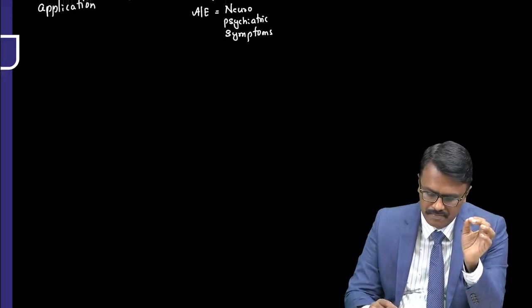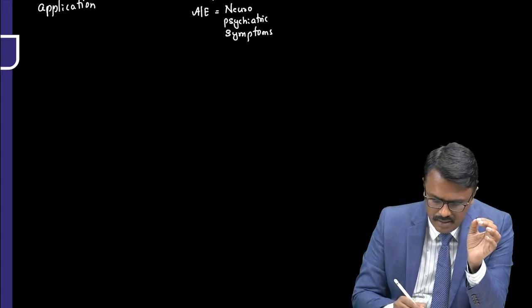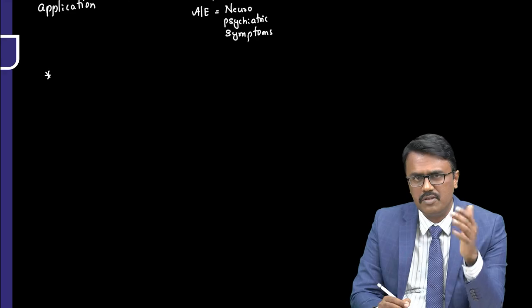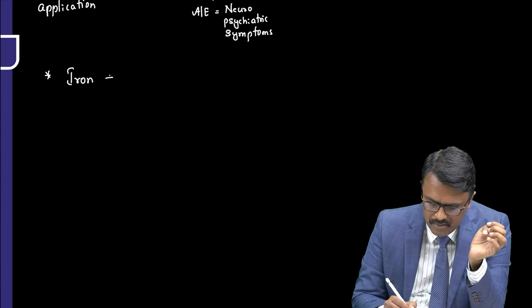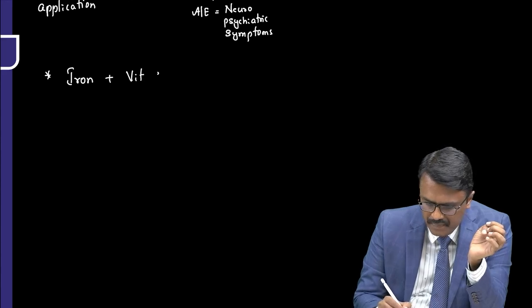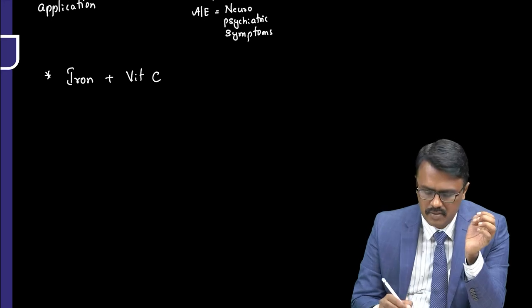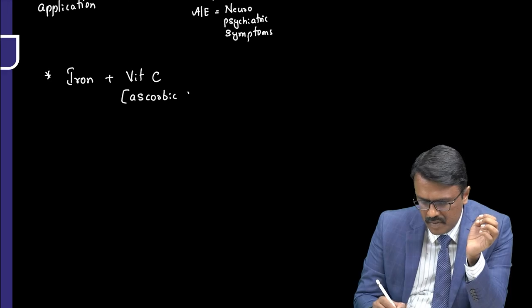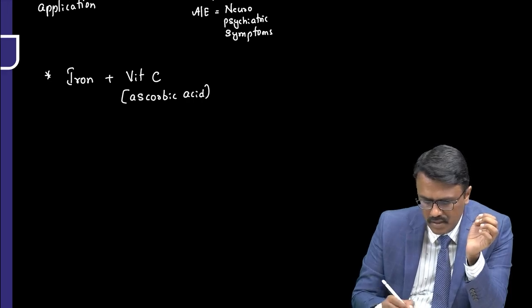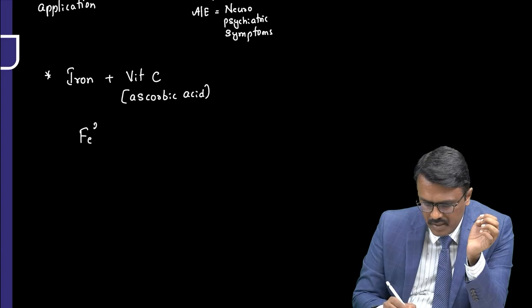So we understood before food, we understood fatty food, and then there are some other interactions. You have studied it already. Can we give iron with vitamin C? What is vitamin C? It is nothing but ascorbic acid. Now there are two forms of iron, Fe3+ and Fe2+.